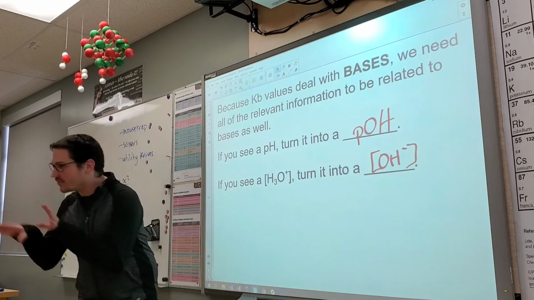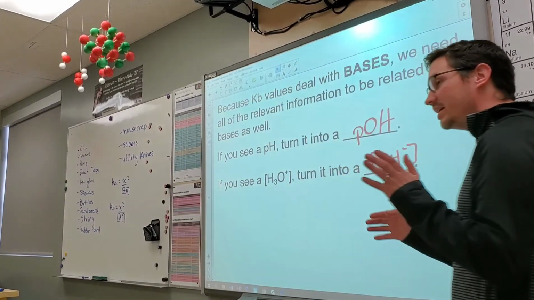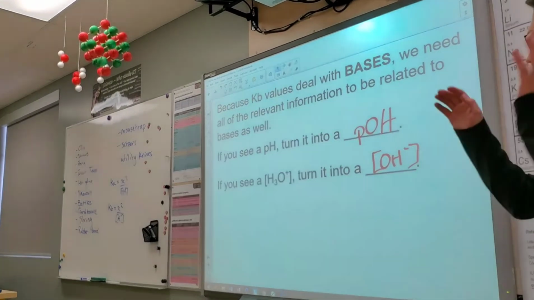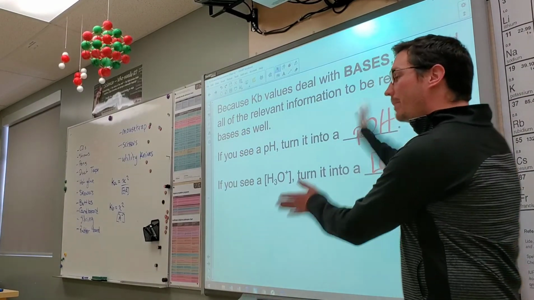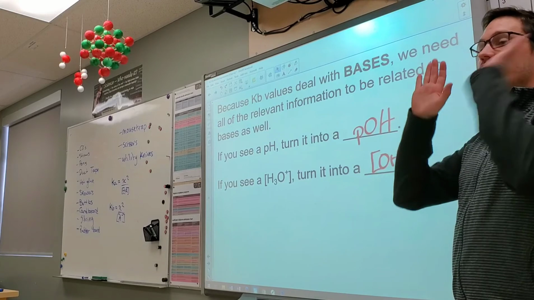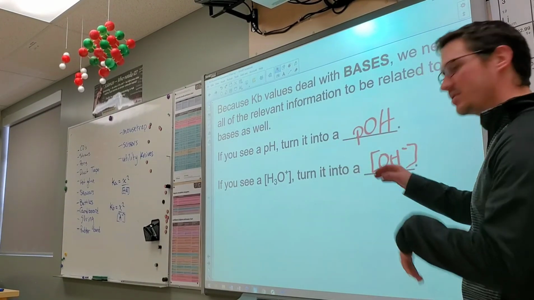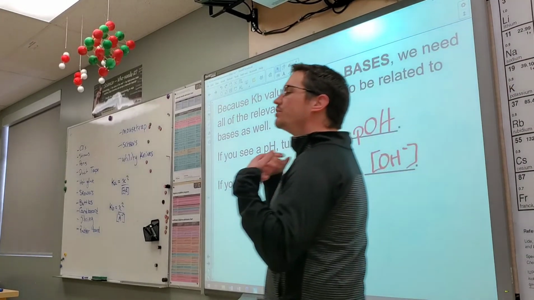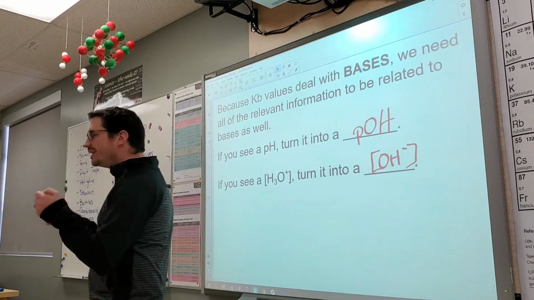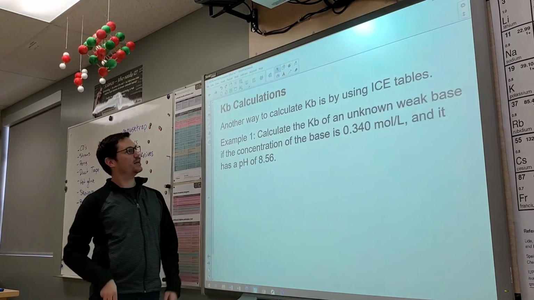We never want to talk about it, but it exists, and it's just as important as the light. We talk about acids all the time, but bases still exist, and there's a certain perspective of bases. pOH is a base perspective. Hydroxide concentration is a base perspective. KB is a base perspective. If you see a base, you need all your stuff to be in bases, okay?